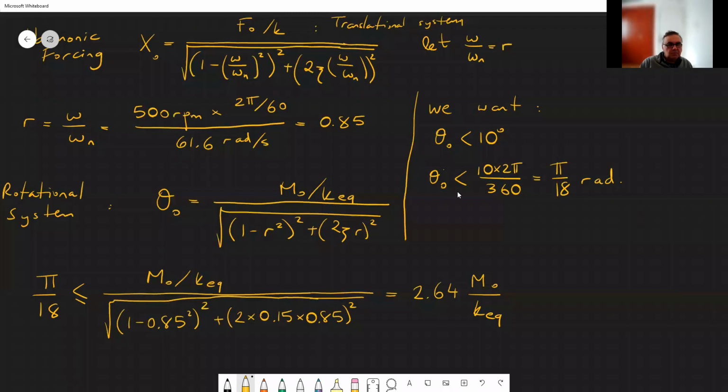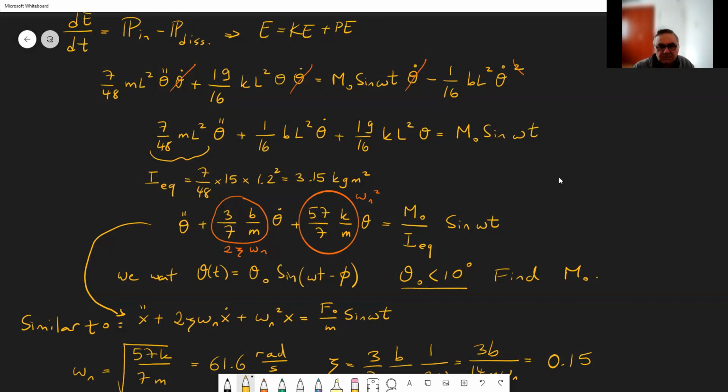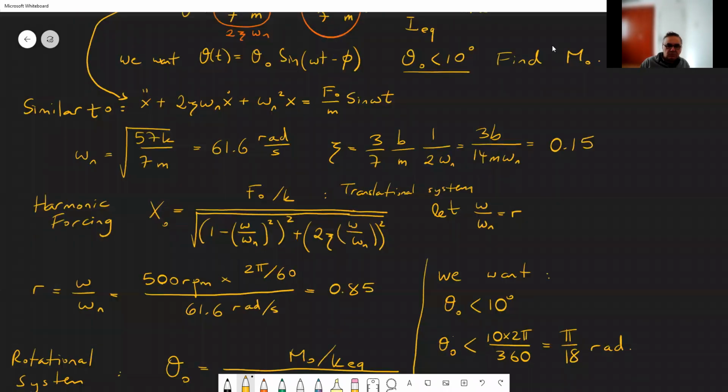And K equivalent, if you go back to our original equation, in our equation this is M equivalent, this is K equivalent. So this is 19 over 16 KL squared. So let's find it.